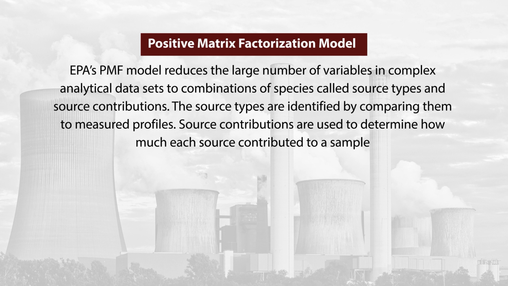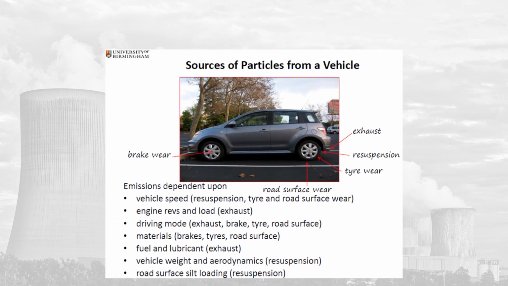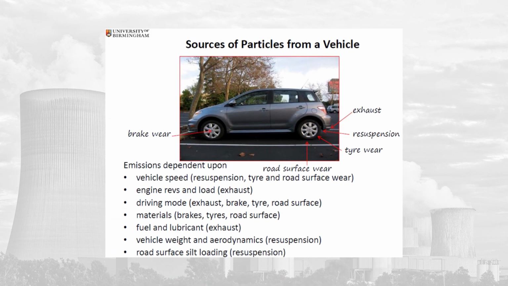The source contributions are used to determine how much each source contributes to a sample. For example, the PMF analysis can find out, even within a source, what sort of source it is, whether it is tire wear, resuspension or exhaust emissions.